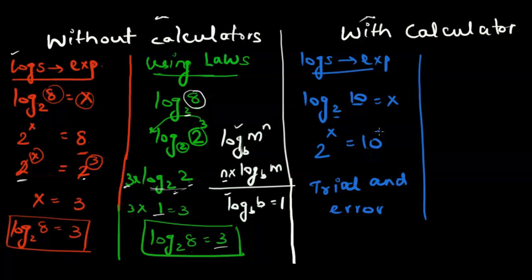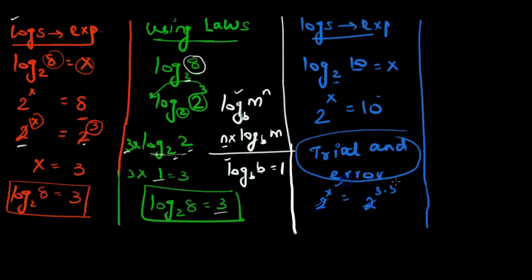Now what power of 2 will give you the answer 10? That's what we're looking for, and we would get a decimal number, and we would see that 2 to the power of 3.3 maybe gives us a value that is close to 10. It's 9 point something. That's why it's called the trial and error method, because we do not get an exact answer for this. So finally, the bases are common, and we can write down x as 3.3.